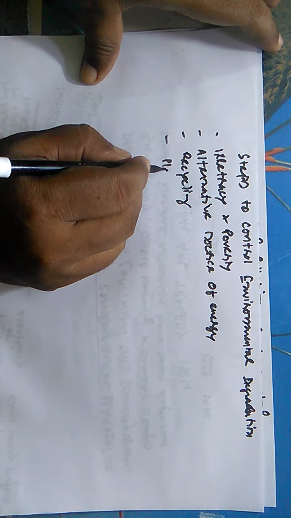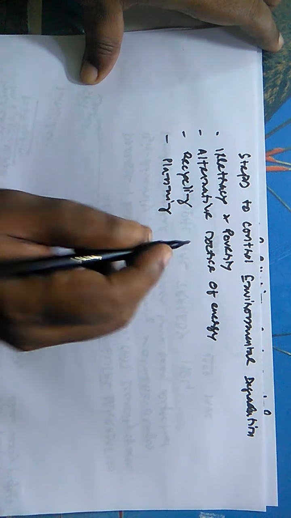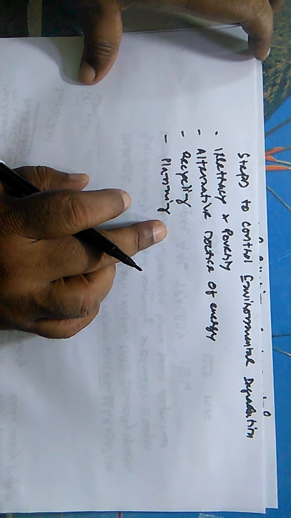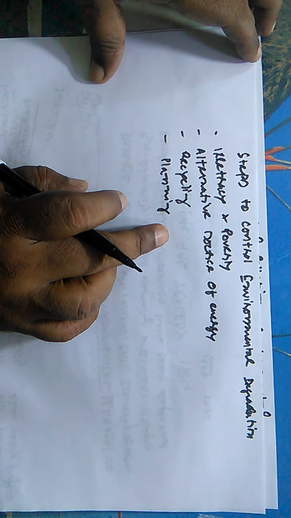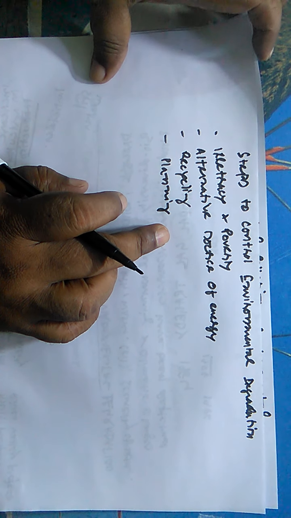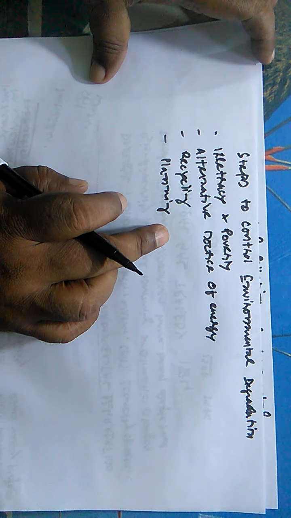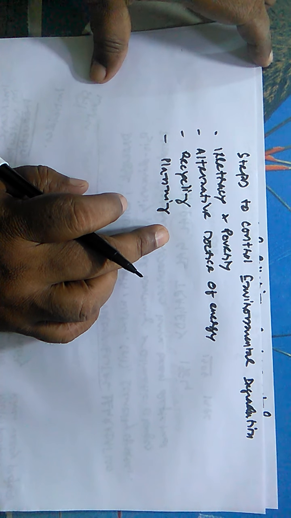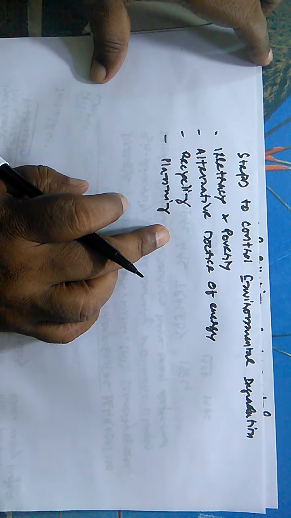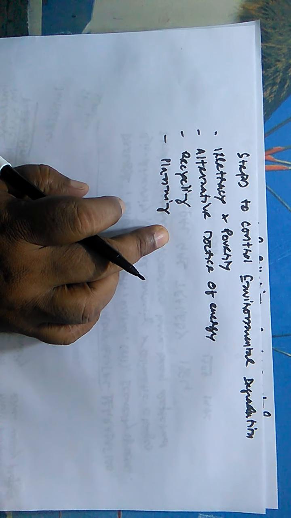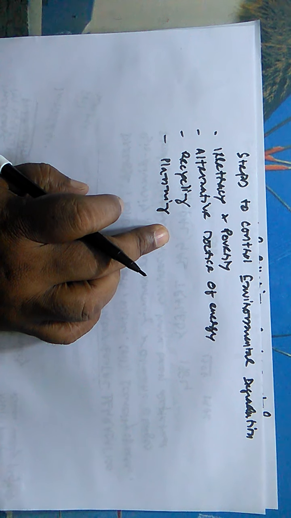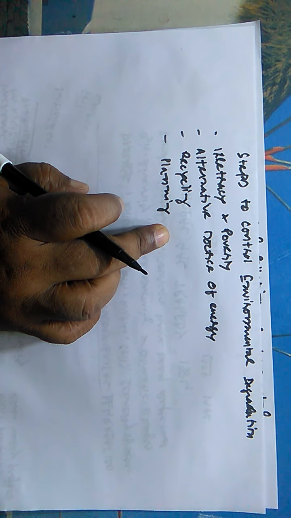Then planning for any project and its consequences on the environment needs to be taken into account before any industry or developmental activity is taken up. Also, human beings must allow other living things, animals and plants, to grow in their natural habitats, and most important, the national governments must take necessary action to take care of the environment.